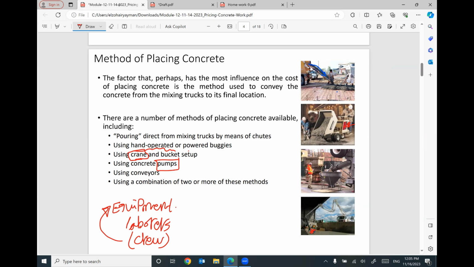Based on the equipment and the crew together, I can figure out the productivity rate. Then I can figure out what is the time needed. Once you figure out the time needed to finish this activity, I can figure out the price or the cost of this equipment or these equipments and the laborers in this group.